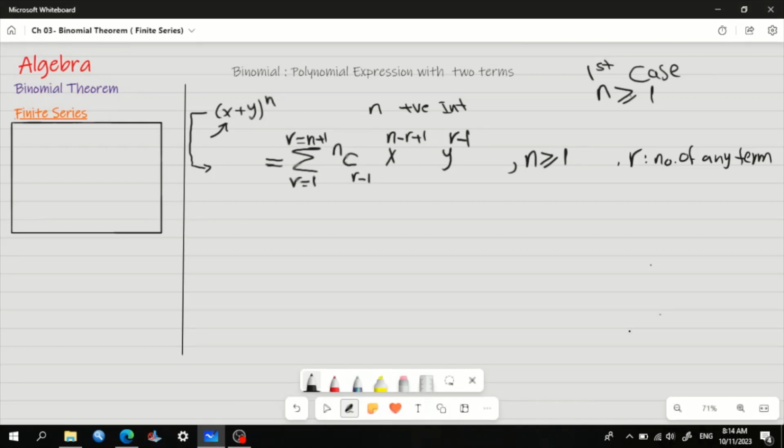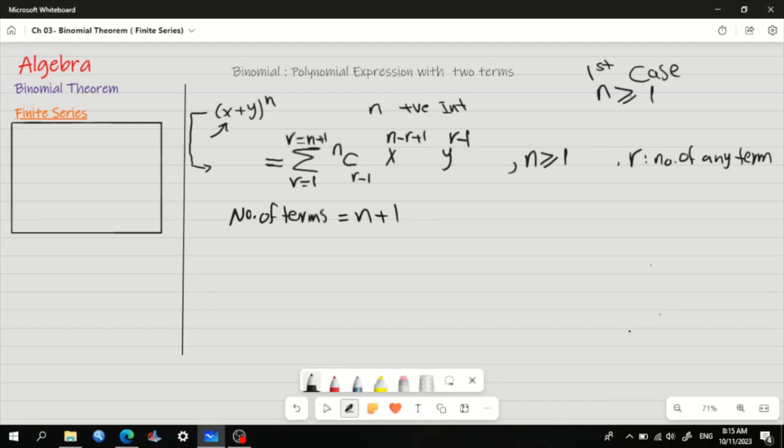Okay, so if I have a bracket of power n, and n here is a positive integer, we obtain a number of terms equal to n plus 1. So the number of terms here is equal to n plus 1.